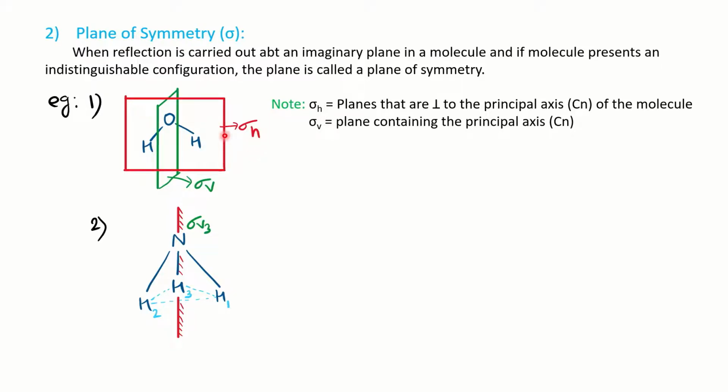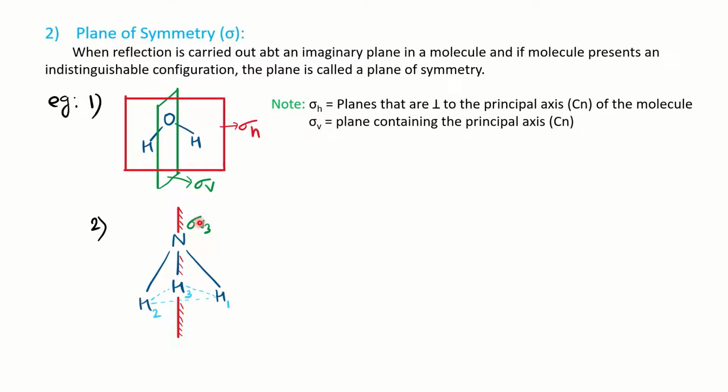So you won't have the molecular plane of symmetry for the water molecule. I have just shown you what is meant by the molecular plane, but it doesn't exist in this molecule. The water molecule has only the vertical plane of symmetry. Here in ammonia also you have 3 vertical planes of symmetry, each containing your axis of symmetry here.